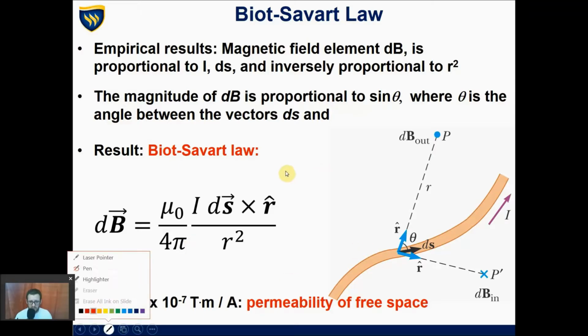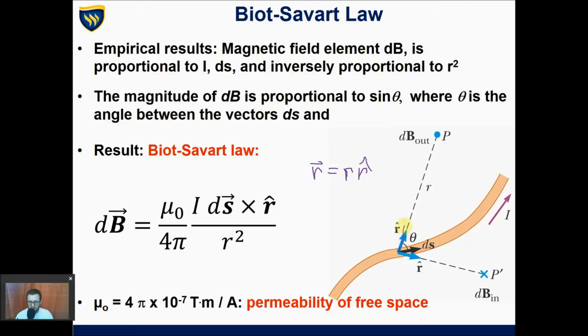So in other words, we could say vector r, which connects ds to the observation point, has a magnitude of r and a direction of r hat. So the unit vectors have a magnitude of 1, they just give direction. So r hat points in this direction.